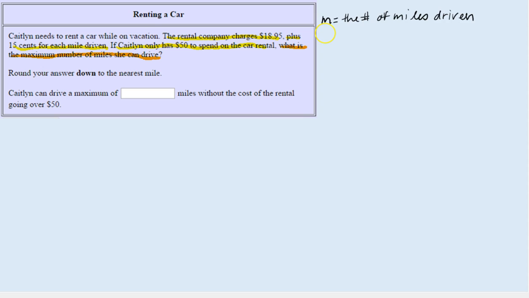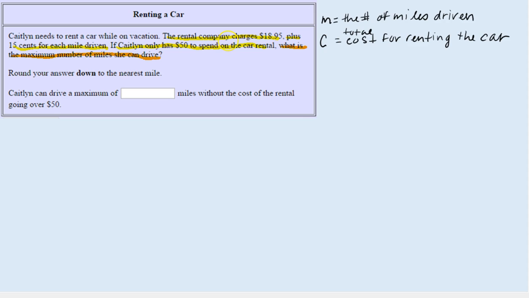And we want to know, we'll call it C, will be cost. And let me change that to total cost for renting the car. So those are our two unknowns here. The number of miles driven determines the total cost for renting the car.